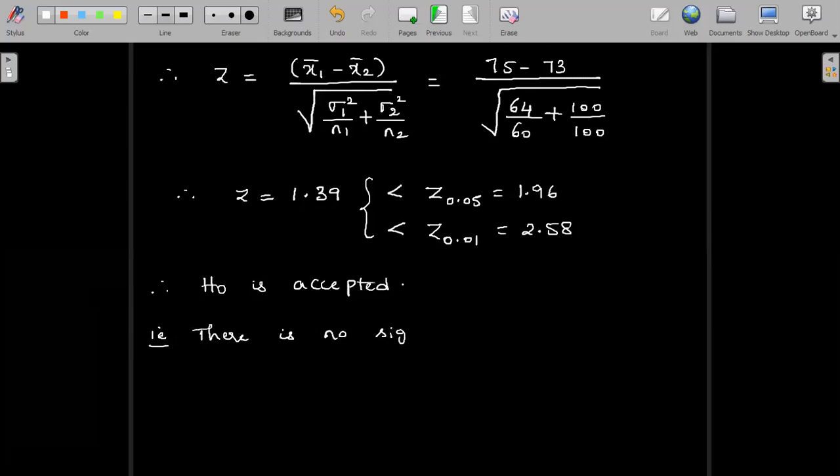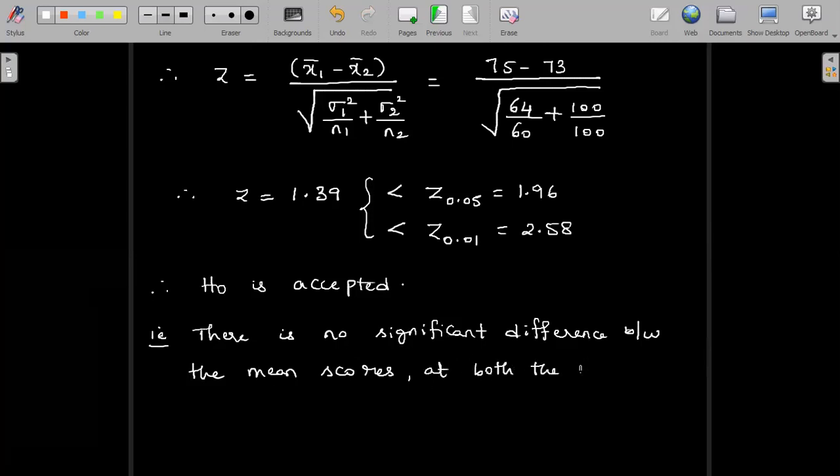There is no significant difference between the mean scores at both the levels of significance.